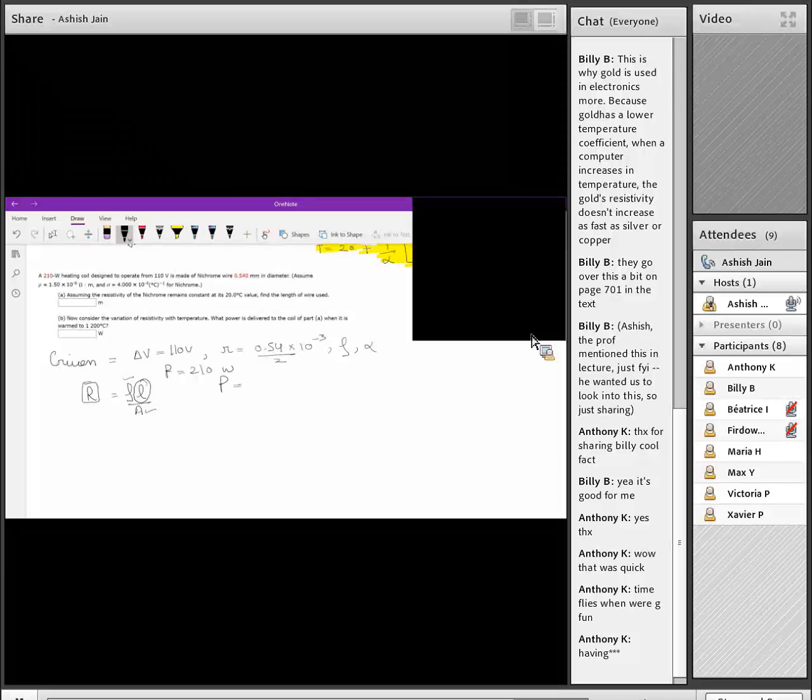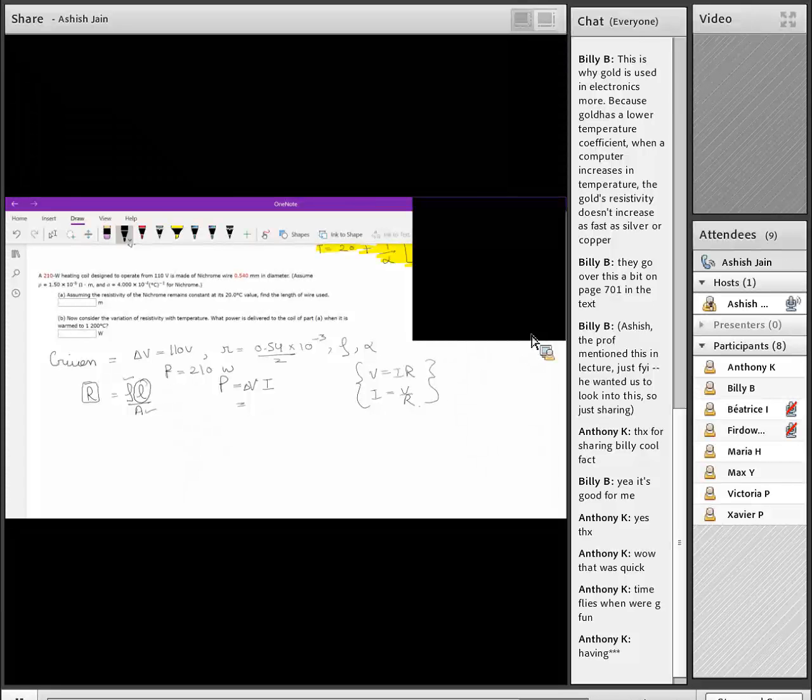It's not given in the question, but power is given, voltage is given. So power is given as V into I, right? And V is also equal to IR by Ohm's law. Then I can be written as V by R.